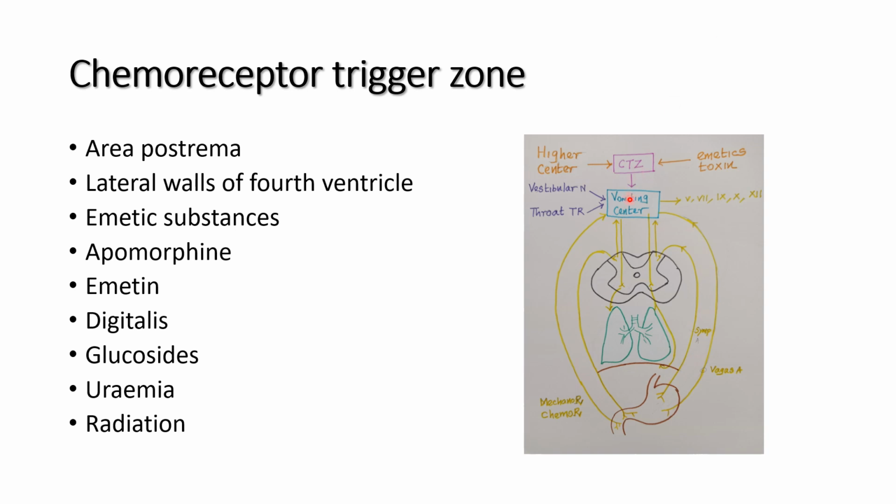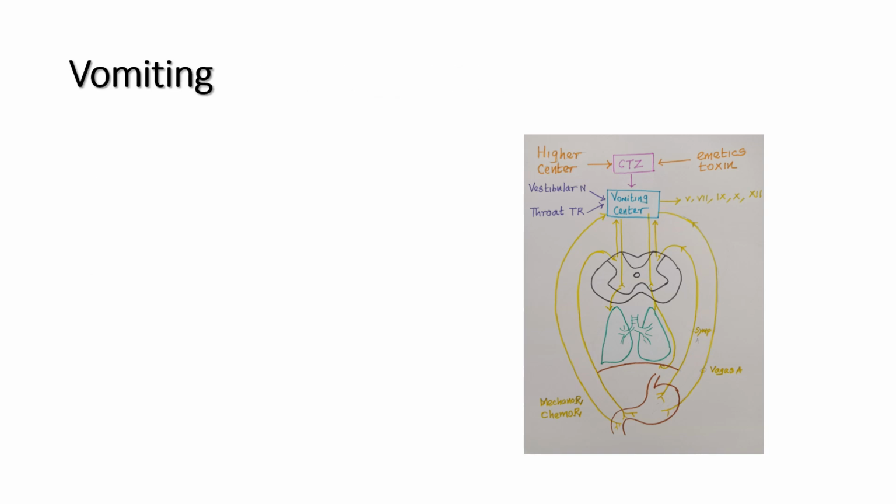It produces vomiting through efferent fibers. The efferents pass through the 5th cranial nerve, the trigeminal nerve, the 7th cranial nerve, the facial nerve, the 9th cranial nerve, the glossopharyngeal nerve, the 10th cranial nerve, the vagus nerve, and the 12th cranial nerve, the hypoglossal nerve.